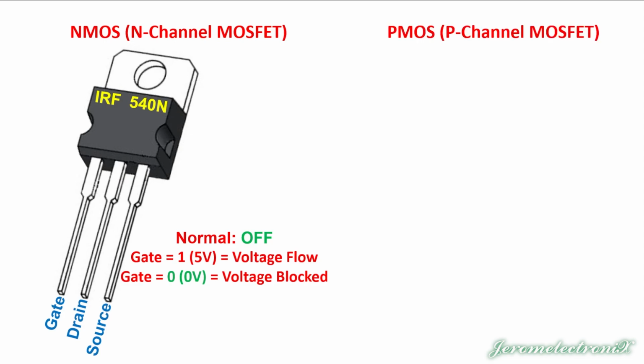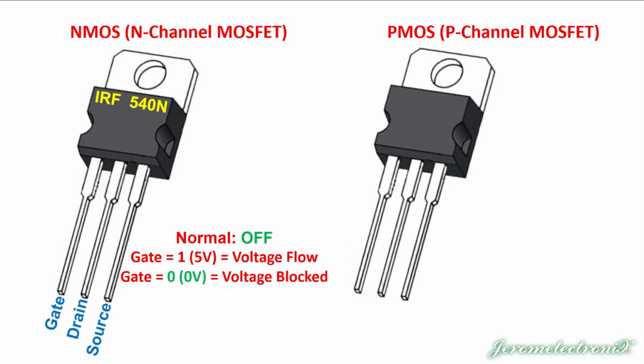There's also one called the P-channel MOSFET we'll talk about as well. The number on this is only slightly different. It's the IRF9540N. It also has a gate, a drain, and a source in the same locations. Notice it's gate, drain, source from left to right. That's important. If you're going to use one of these, remember, gate's on the left, drain's in the middle, source is on the right.